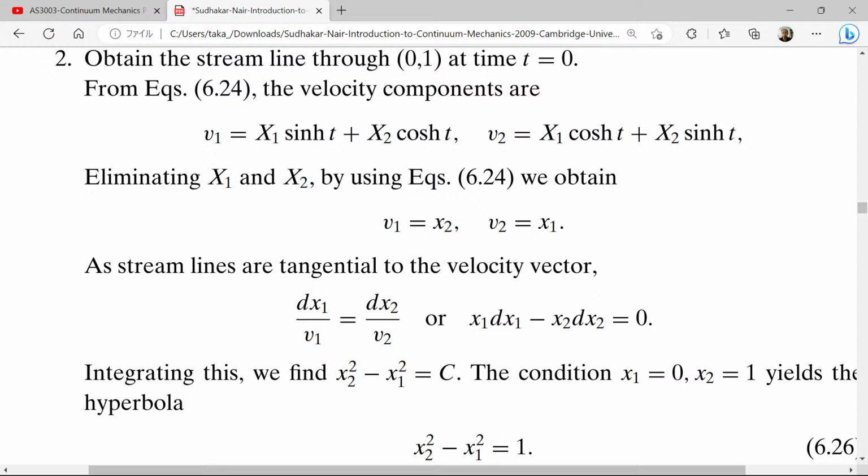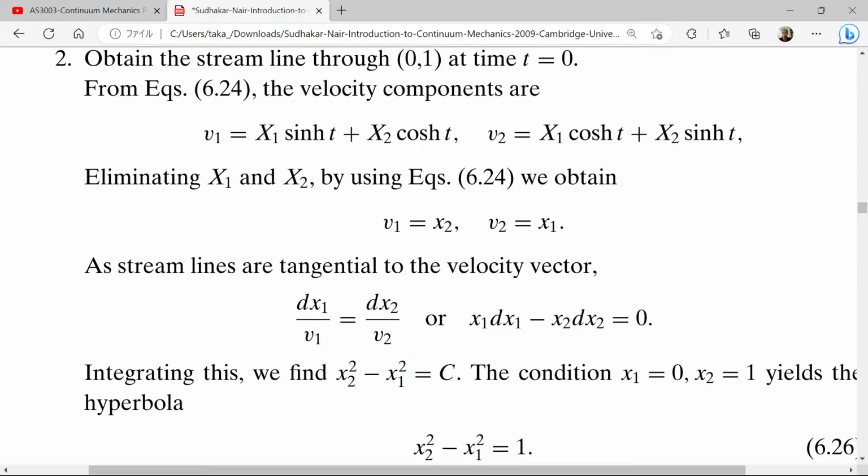How do you eliminate X1, X2? How do you do this?